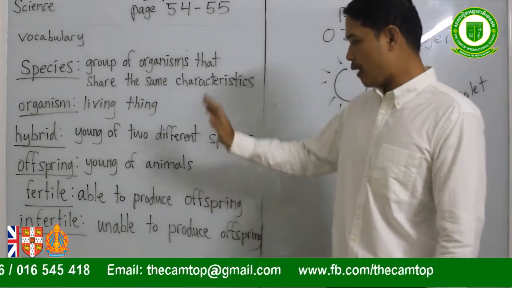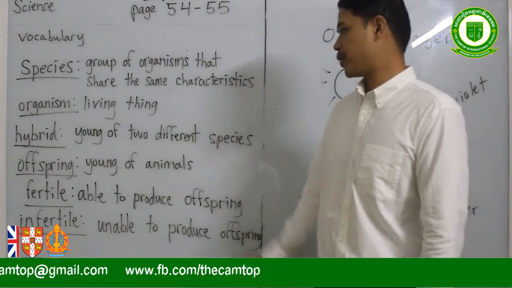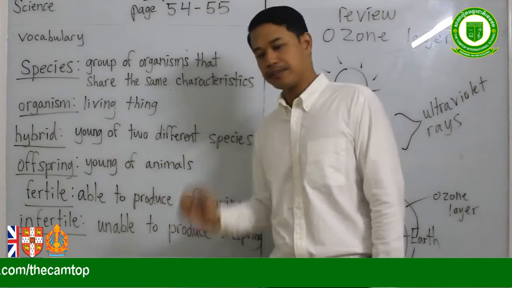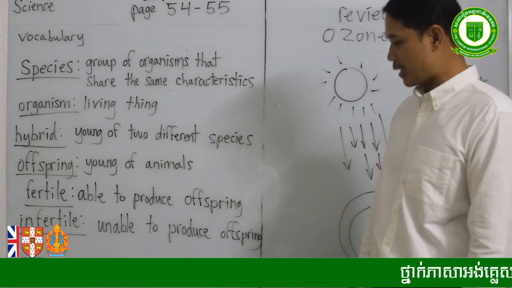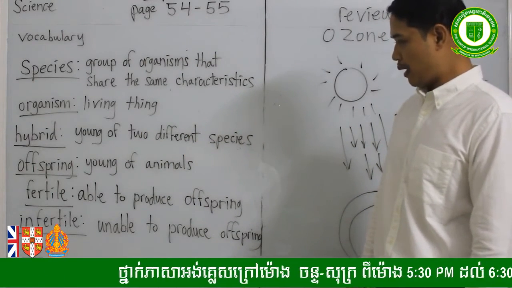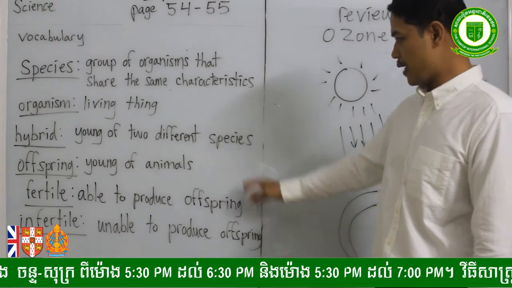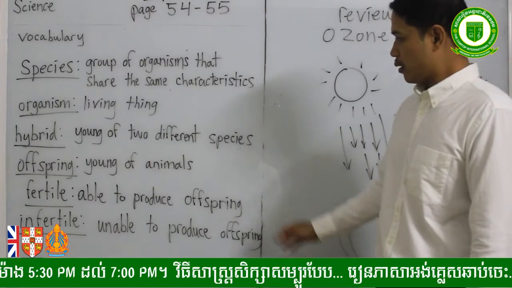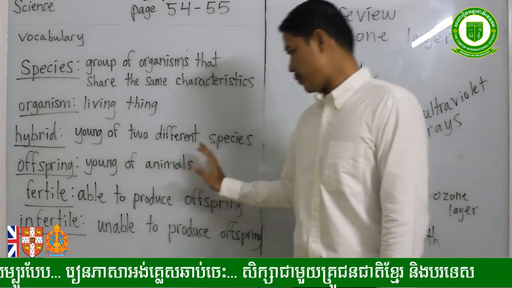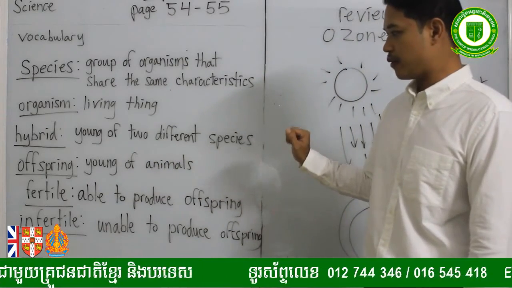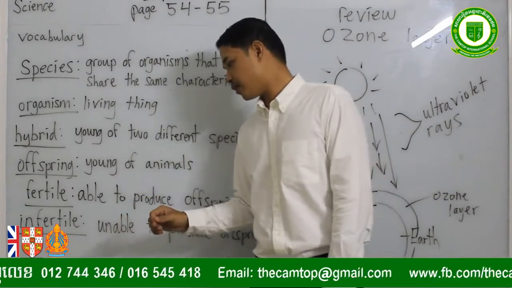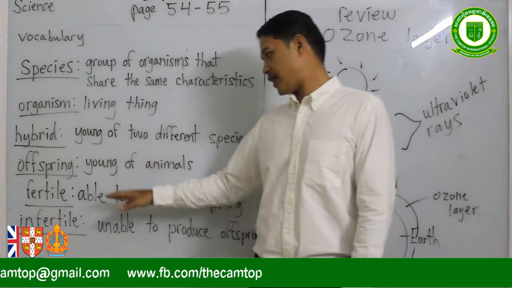Next is offspring. Offspring, offspring, offspring. If you can repeat it. Offspring is young of animals, like a baby. Next is fertile. Fertile, fertile, fertile.